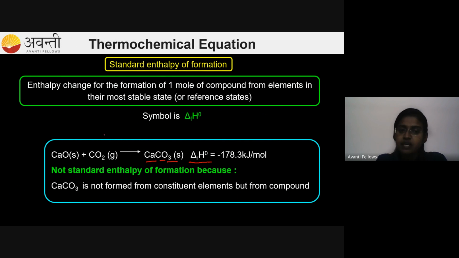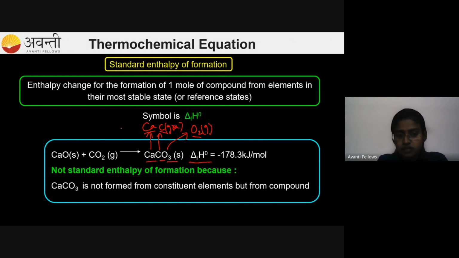The standard form of calcium is calcium metal, for carbon it is graphite, and for oxygen it is O2 in gaseous state. So these three elements should be on the reactant side.